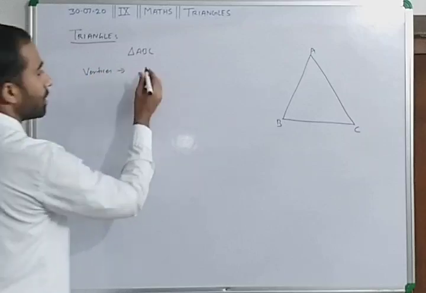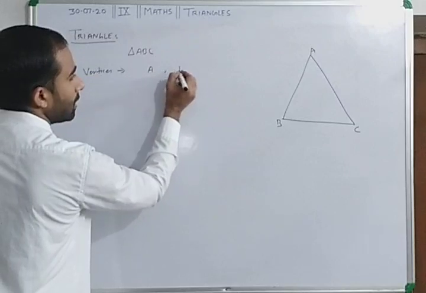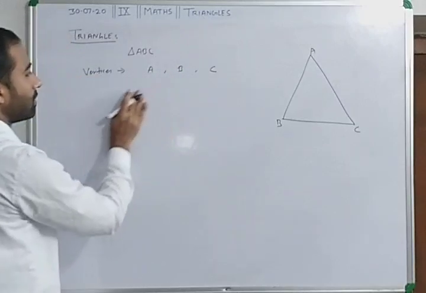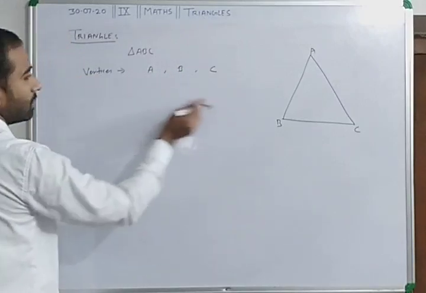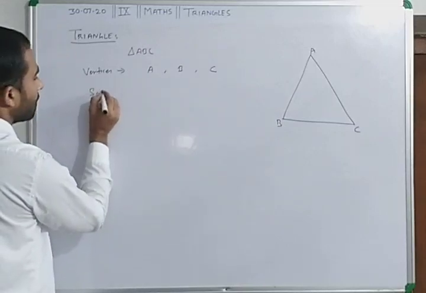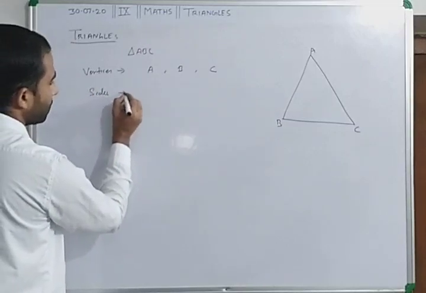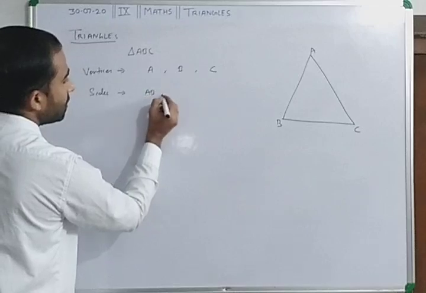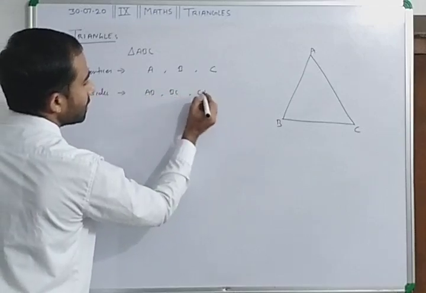How many vertices are there? 3 vertices, A, B, C. Then sides AB, BC, CA.